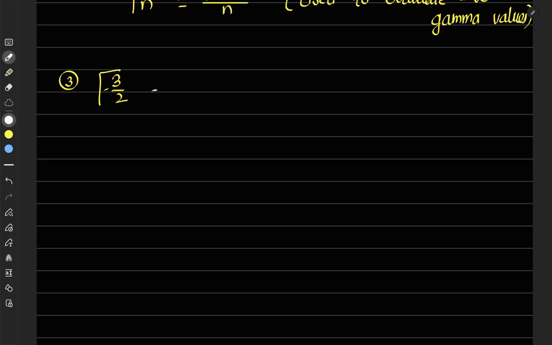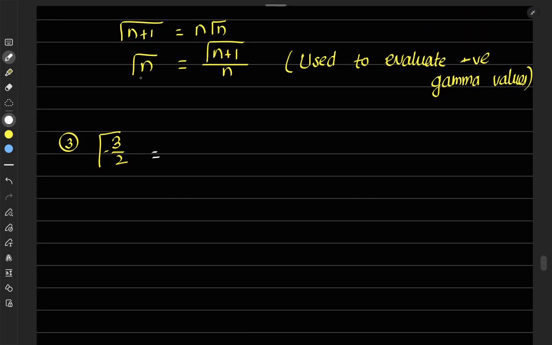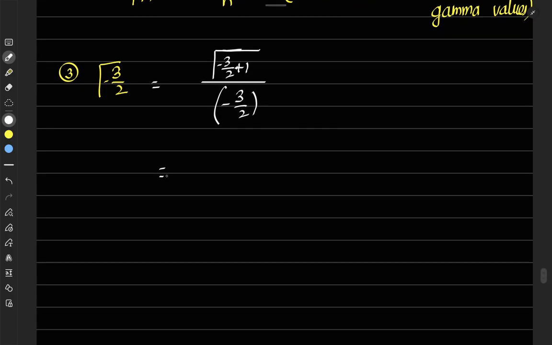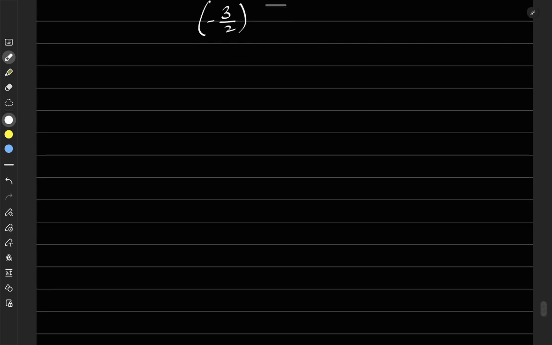For this, from the above formula, we are evaluating gamma n. So if n is equal to minus 3 by 2, n plus 1 will be minus 1 by 2. So this will be gamma of minus 3 by 2 plus 1, divided by minus 3 by 2. This can be written as gamma of minus half divided by minus 3 by 2.